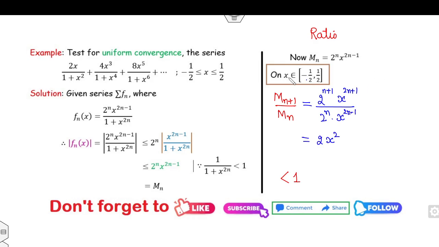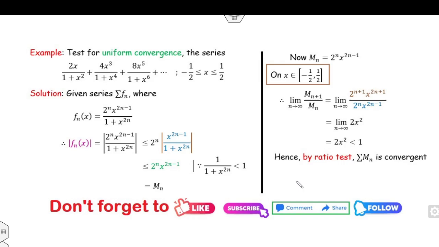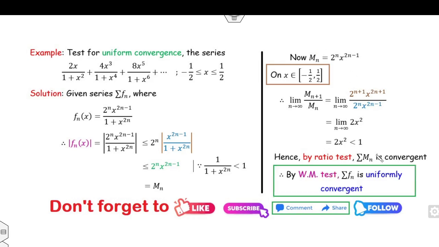Now clearly x lies between minus half and plus half. So x square will be less than 1 by 4. If I substitute this number, it's 2 into 1 by 4, that is half, which is less than 1. Therefore, by using the ratio test, the given series Mn is convergent. Hence, by the WM test, this series is uniformly convergent.